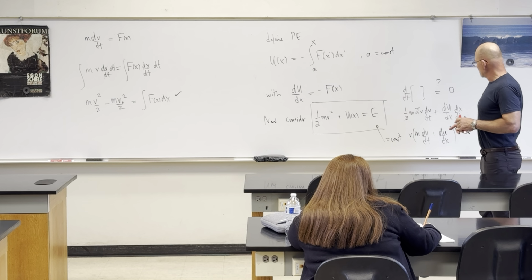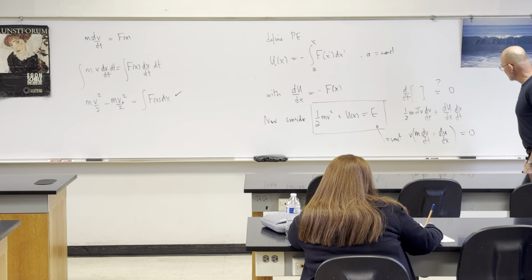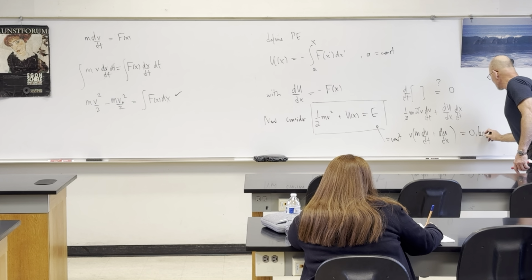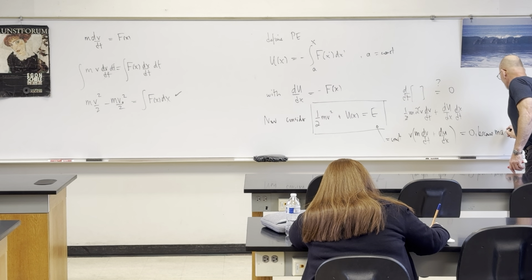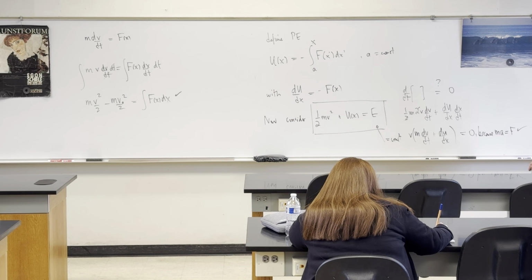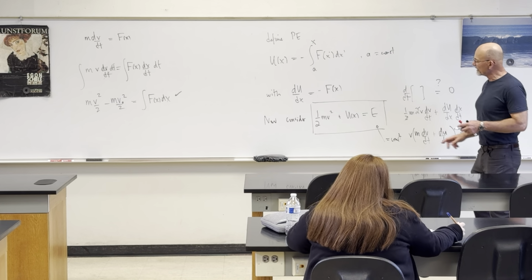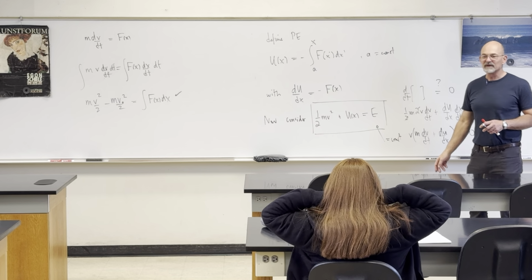Okay. So equals 0, because mass times acceleration equals force. And when we do this with many degrees of freedom next semester, it will also be a very similar calculation.